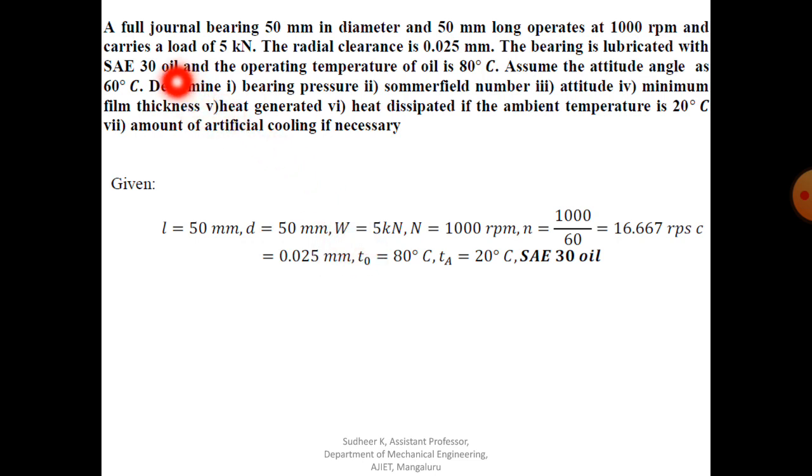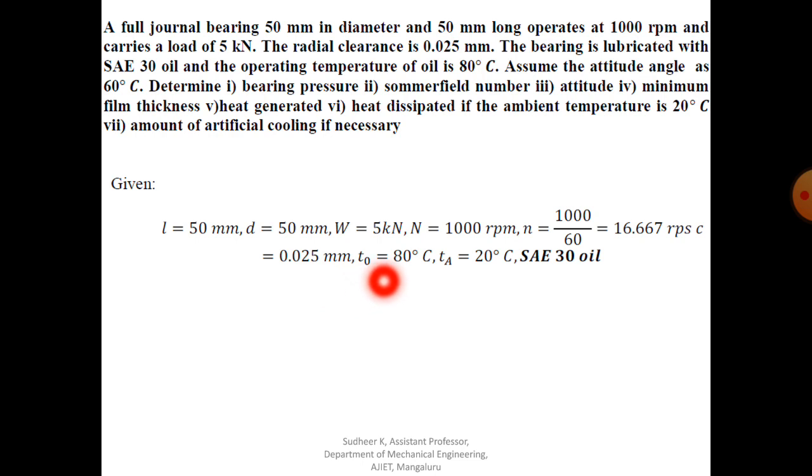The load the bearing carries is given here, denoted by capital W equal to 5 kilonewton. The radial clearance is small c, given here as c equal to 0.025 millimeter. And the operating temperature of the bearing.